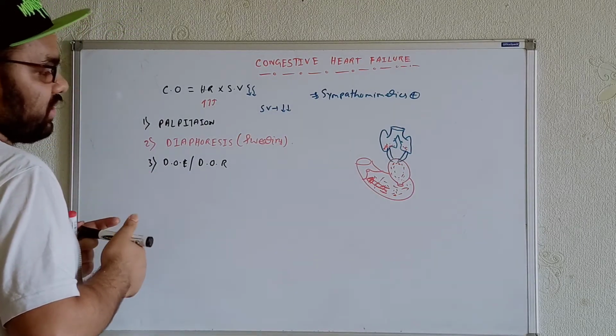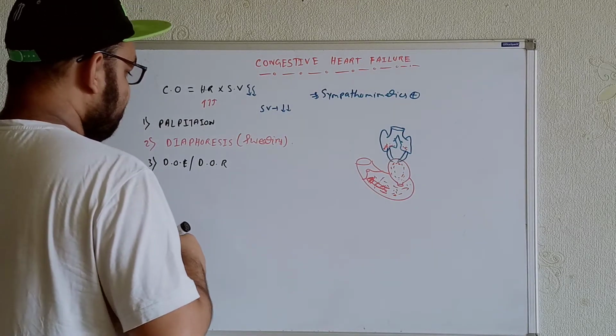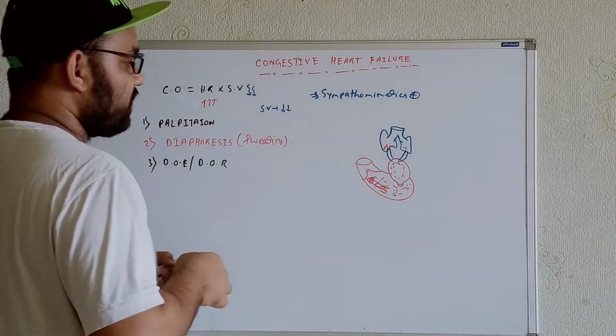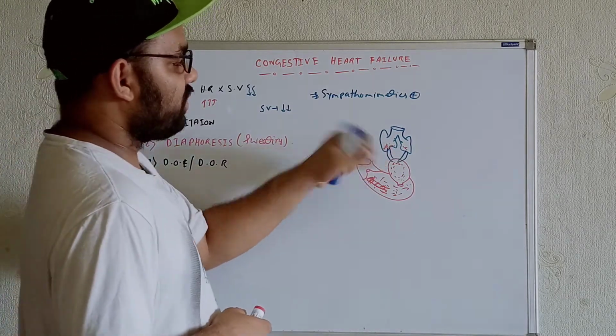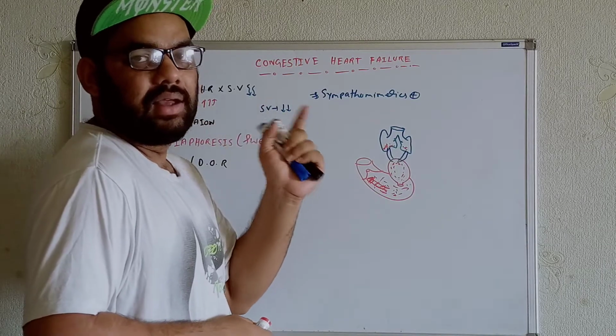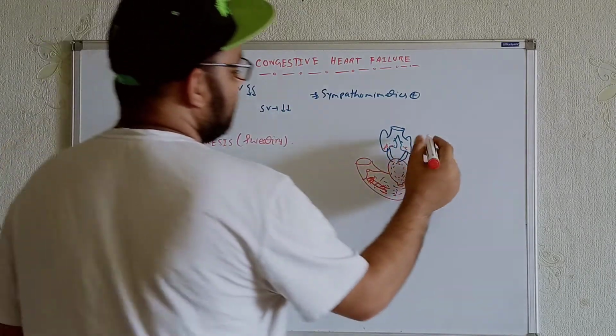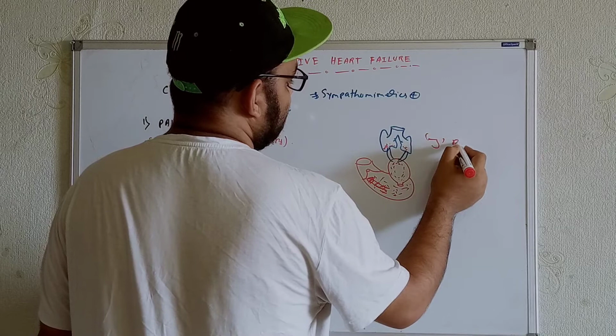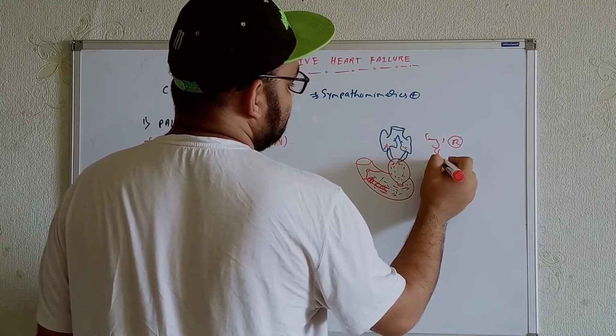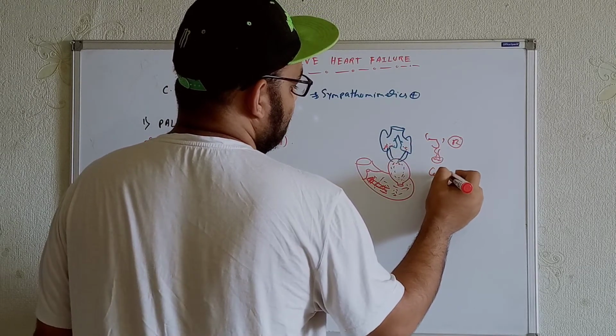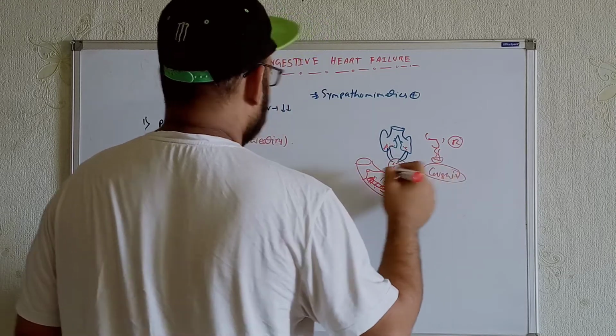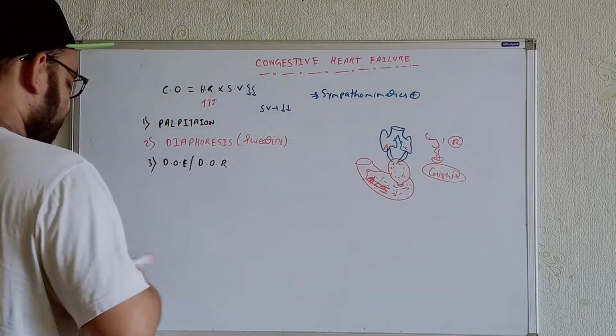Now in these cases, whenever the blood accumulates within the lungs, there is the presence of J receptors, and whenever they are irritated or stimulated, that will produce cough. We'll see the coughing over here.